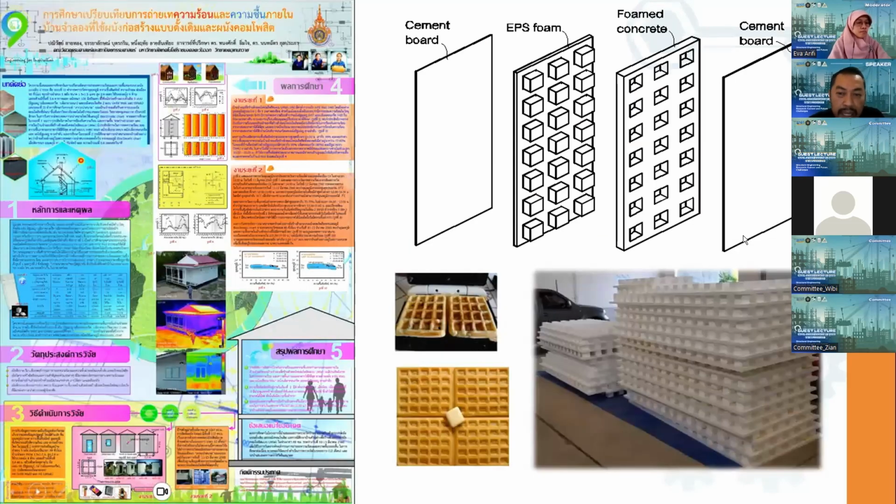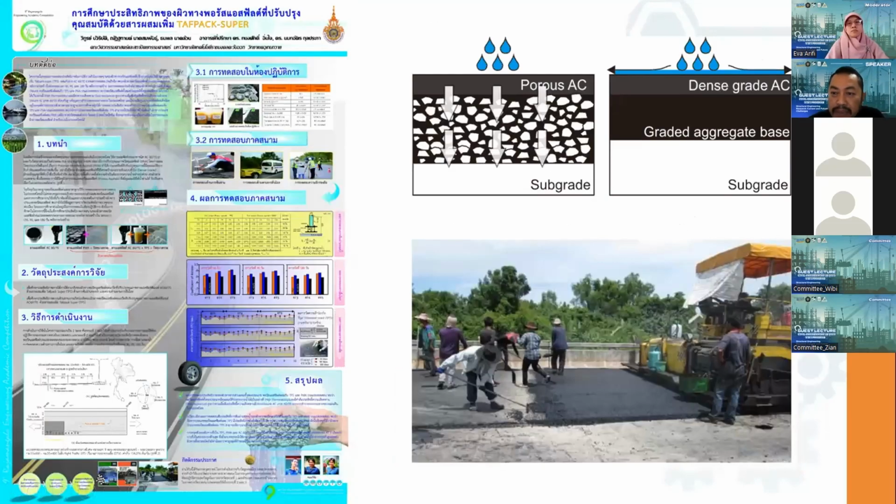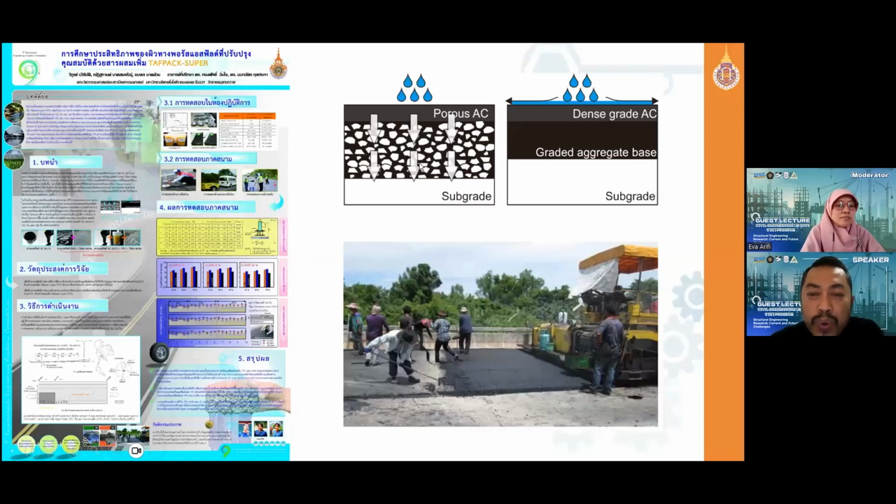Another one that I'm working on is about pavements. During the rainy season, it's possible to drain water through the pavement, which we call pervious concrete or porous asphaltic concrete. I worked on it with the Department of Highways, so we can have a really nice full scale test.